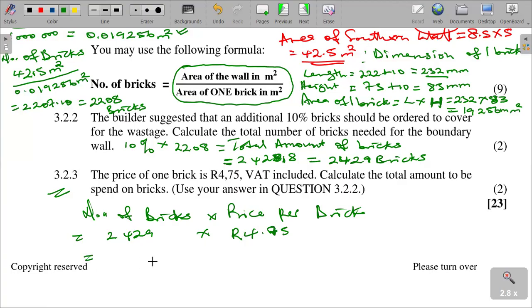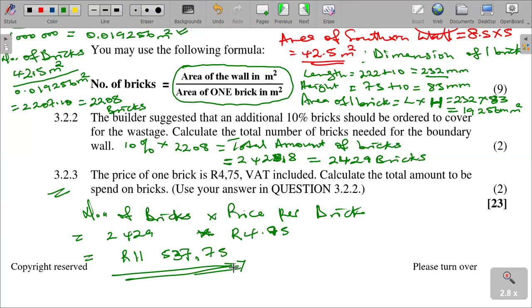When we put it through, we get 11,537.75.